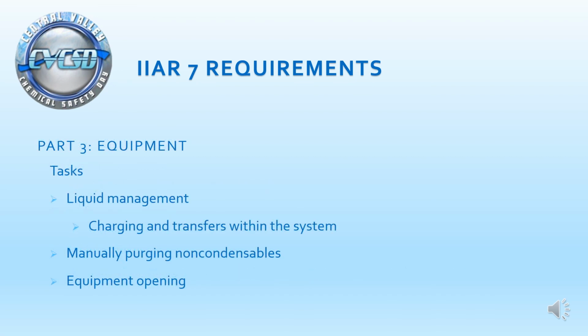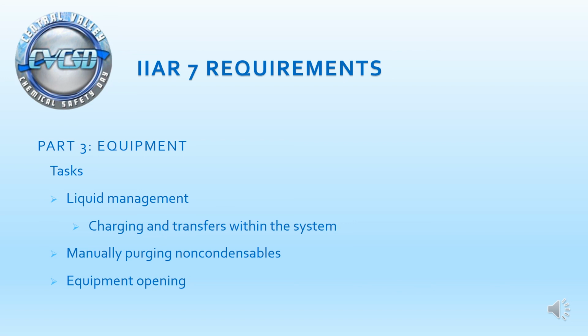So for tasks, the 3 tasks that are included are for liquid management. So for charging, transfers within the system. For charging, it would be important to include the quality control items on which type or grade of ammonia is being used in your system.